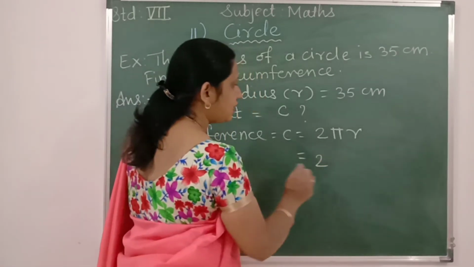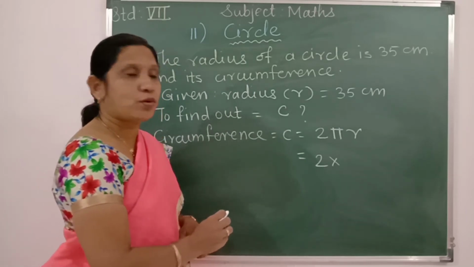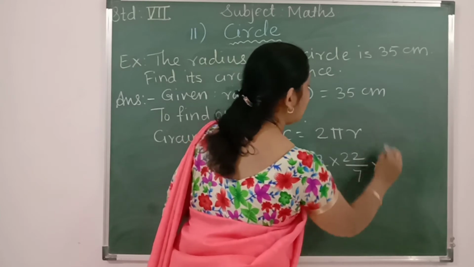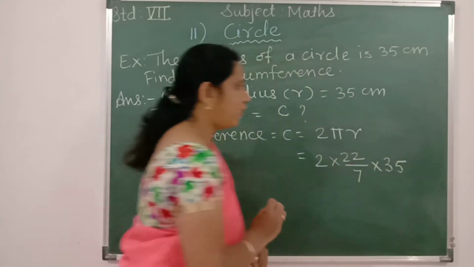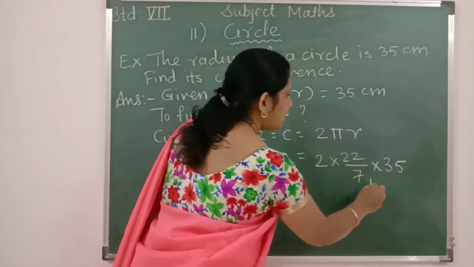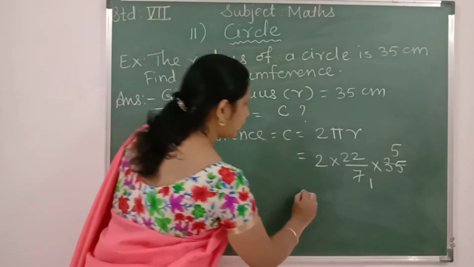Now 2 as it is. What is the value of pi? Of course 22 upon 7. Value of r is 35. Yes. Now 7 1s are 7. 7 5s are 35. Okay.